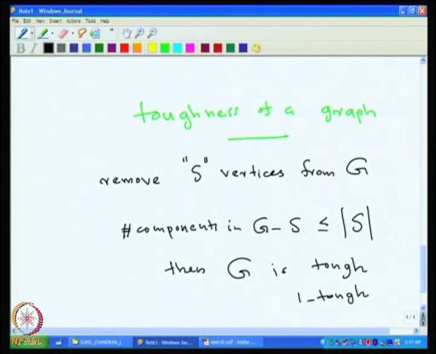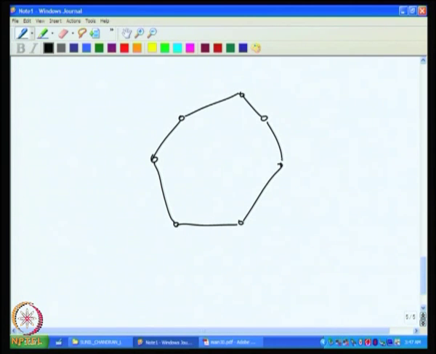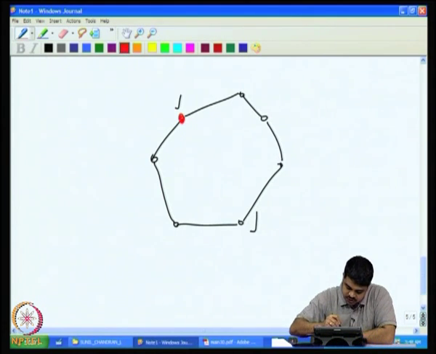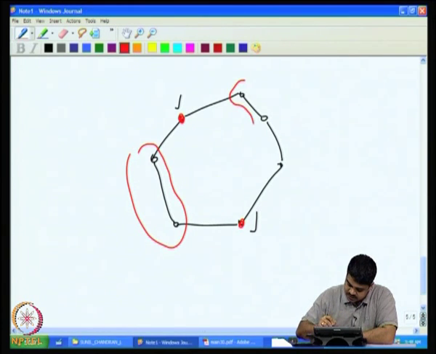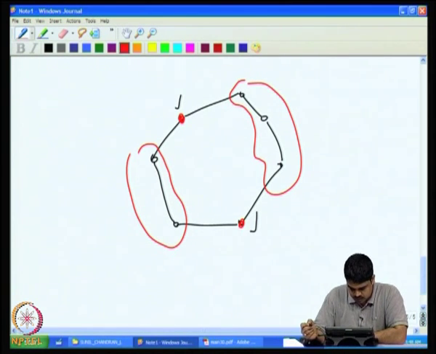So, for example, suppose you take a cycle, right, and you try to remove two vertices here. Maybe you can remove these two vertices. Then how many components result? Only two components result.